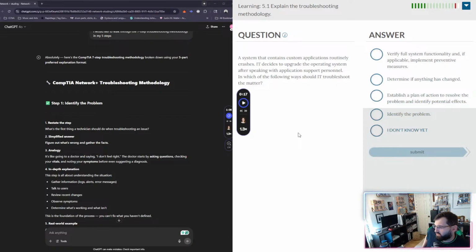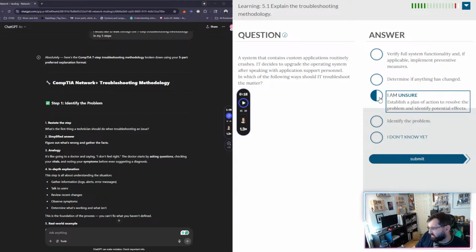Okay, so a system that contains custom applications routinely crashes. IT decides to upgrade the operating system after speaking with the application support panel. In which of the following ways should IT troubleshoot the matter? By establishing an action plan to resolve the problem and identify potential effects. I'm gonna say that's it.